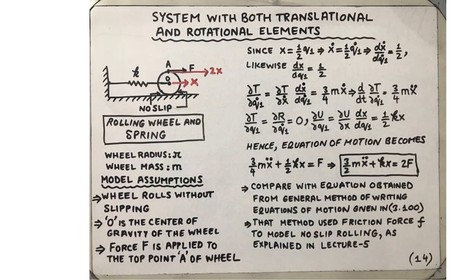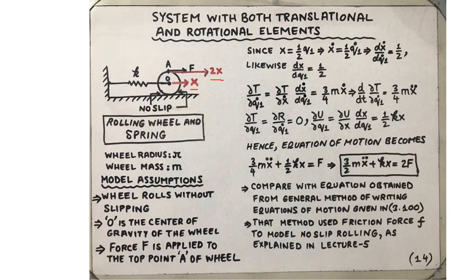Because the left hand side of Lagrange's equation contains partial derivatives of energies with respect to x and not q1, which is 2x, we need to be a bit careful about calculating the partial derivatives with respect to q1 or q1 dot.